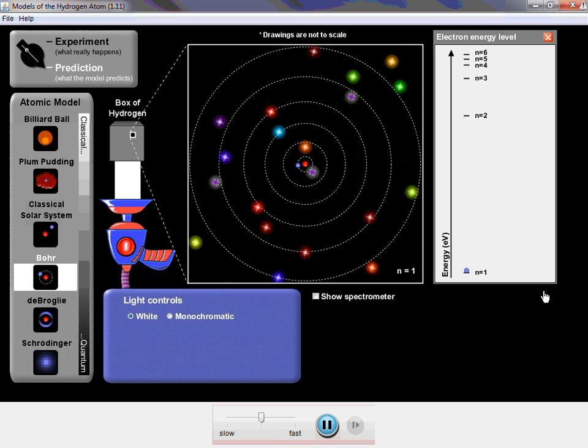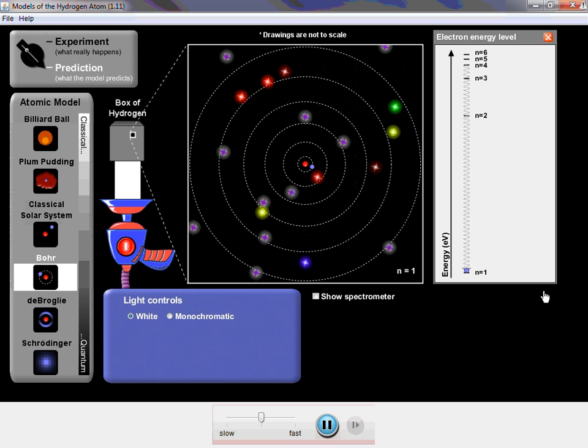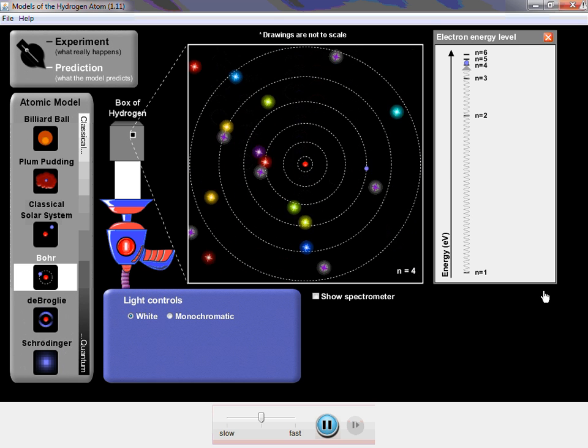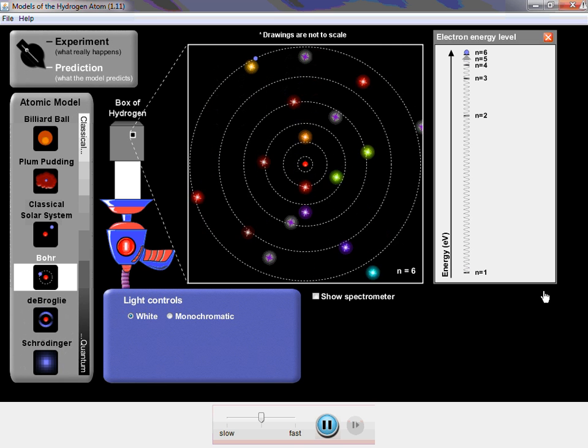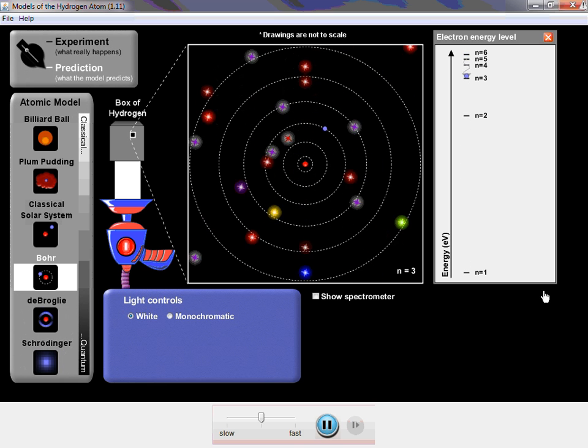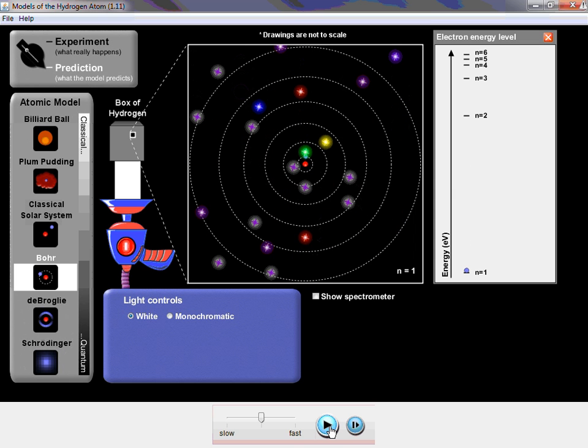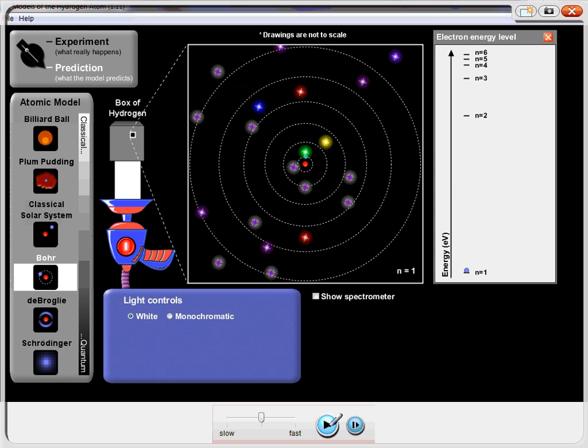Okay, so for example, going from N4 all the way down to N1, like it did a second ago, all the way up to the 4th energy level, all the way back down to the 1st, it will emit a photon worth the energy drop from N4 all the way down to N1.